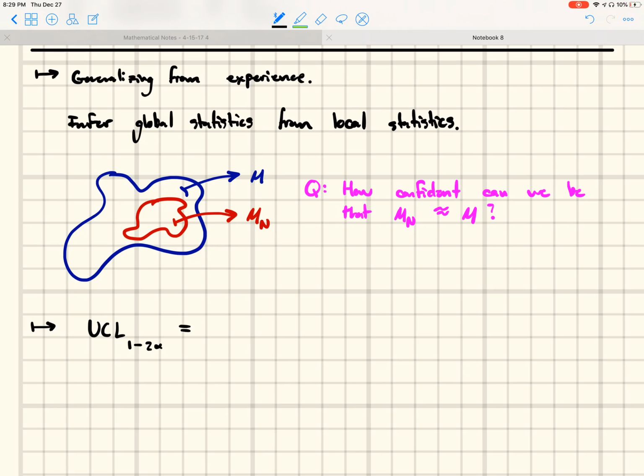And it is equal to the sample mean plus the critical t value multiplied by the sample variance divided by the square root of n, where n represents the number of samples or the cardinality of the set of observations.